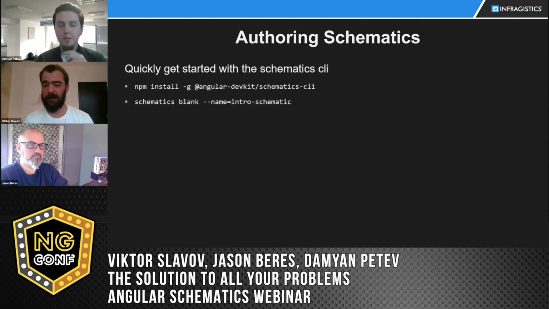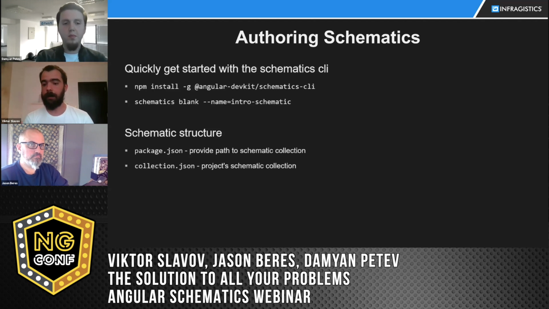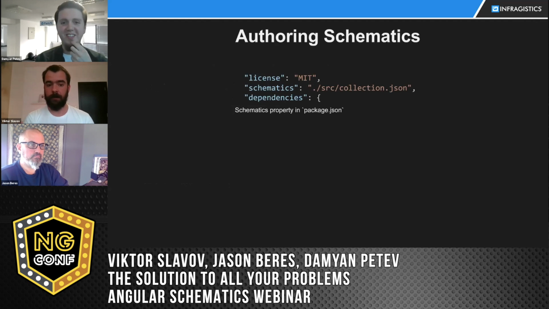If you check the files, it looks just like a standard npm package with a couple of exceptions. First, you notice in the package JSON, there's a property called schematics, which points to your collection. The collection is the place where all of your schematics are exposed to the users of your package. And in the collection, for each schematic, you have a pointer to an index.ts file, which exposes the schematic factory. And that's about it.